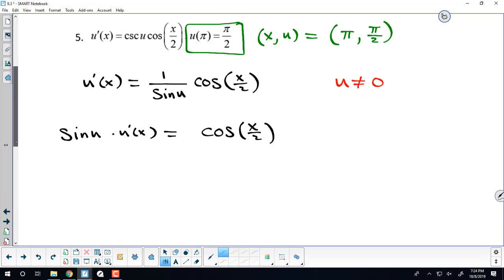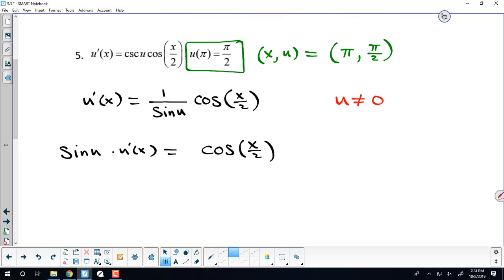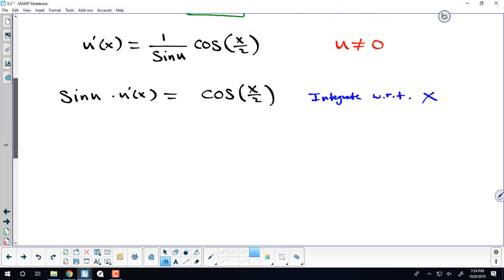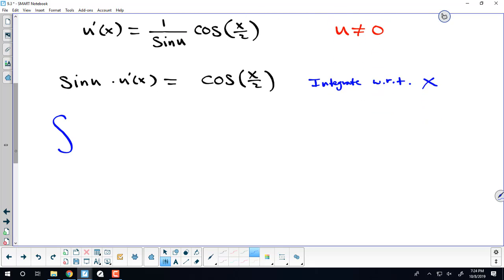Then we integrate both sides with respect to x. So we have the integral of sine u du equals the integral of cosine of x over 2 dx.